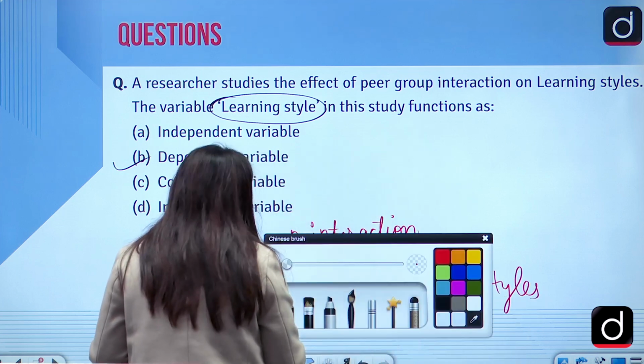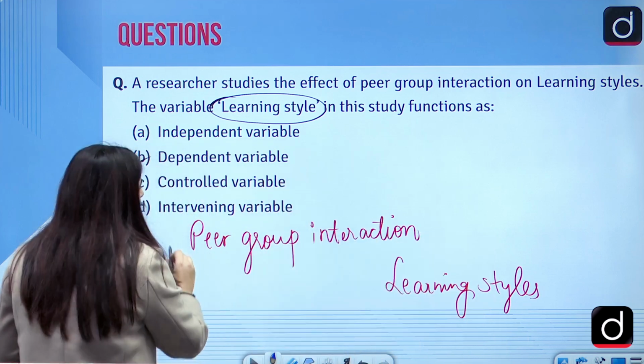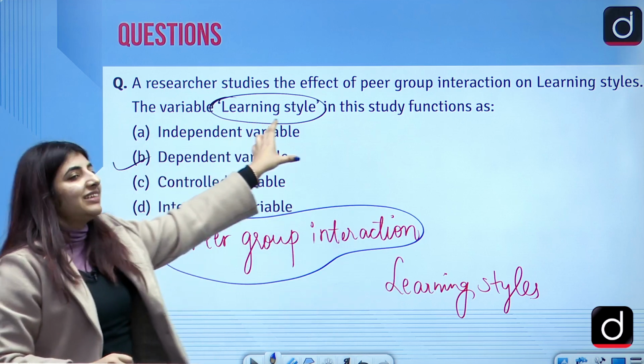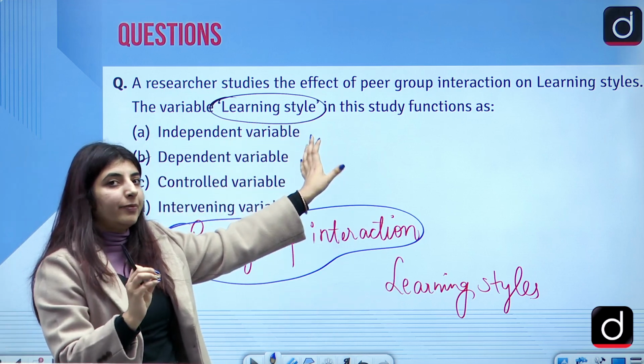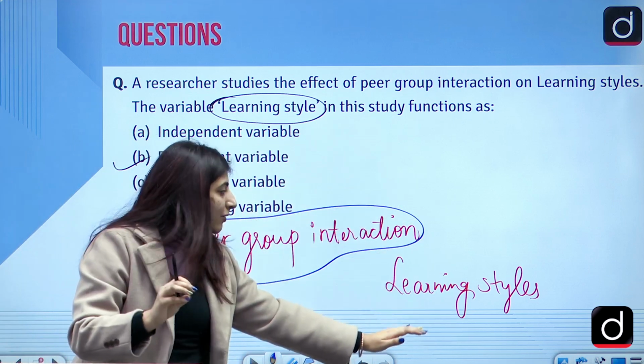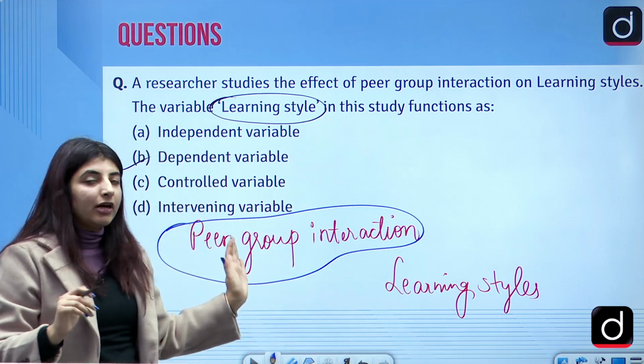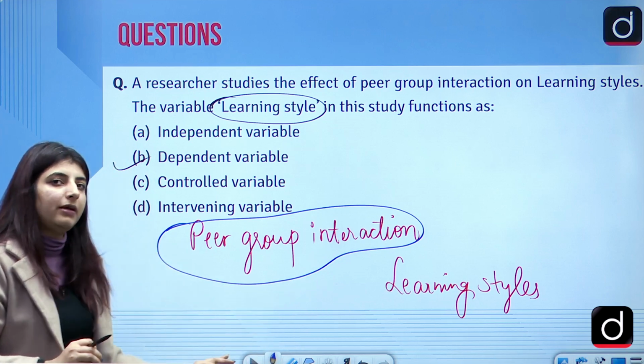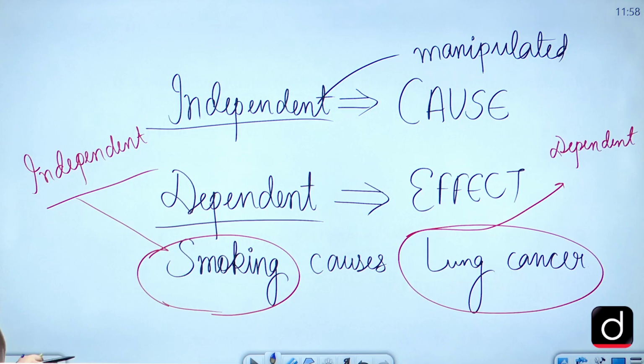Now, from here you all will be able to see that we are seeing the effect of peer group interaction on the dependent variable, that is learning styles. So now you're able to make sense of how and why learning styles is the dependent variable here, right?